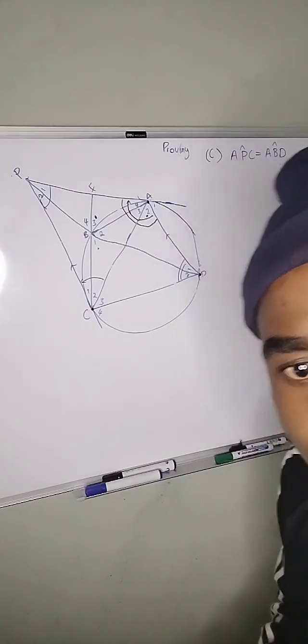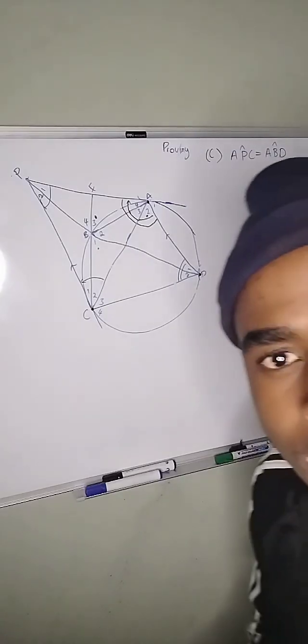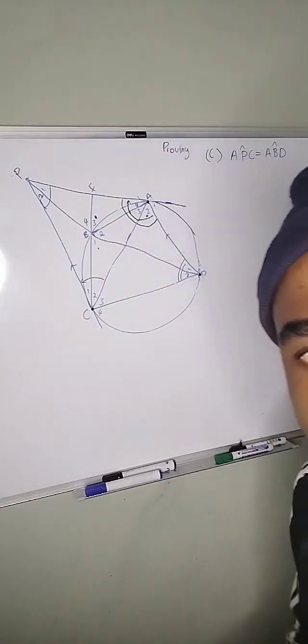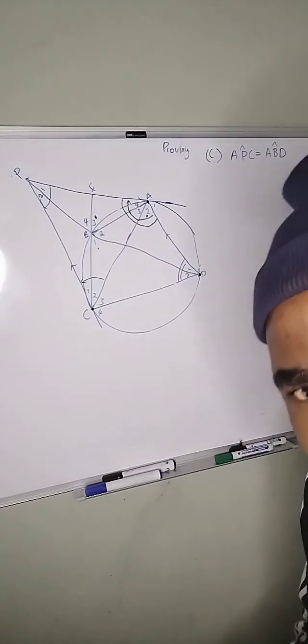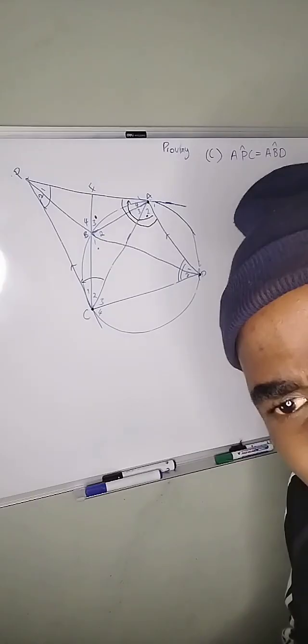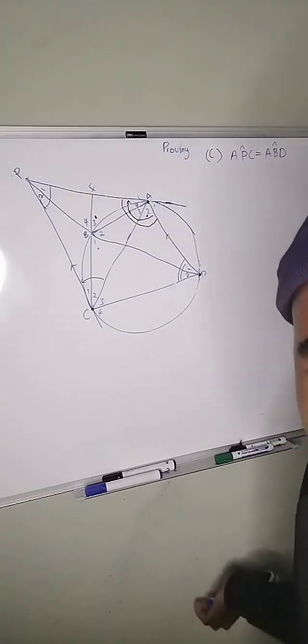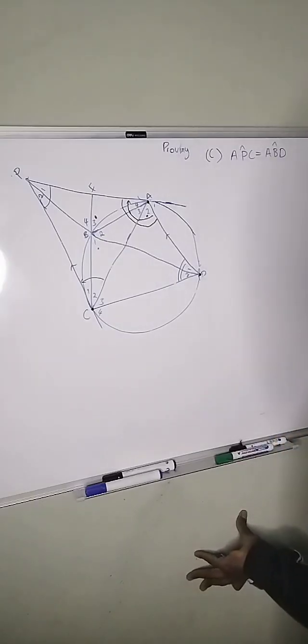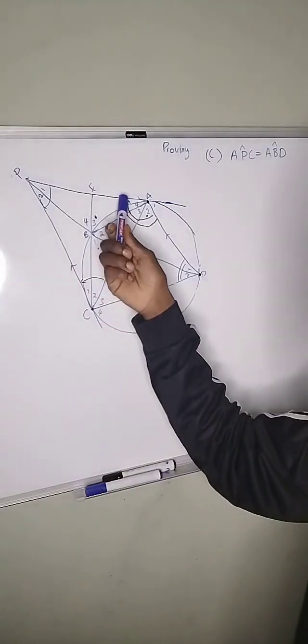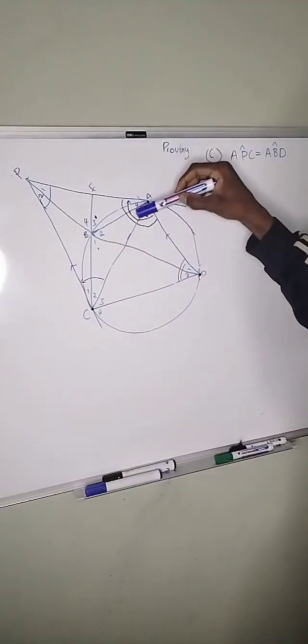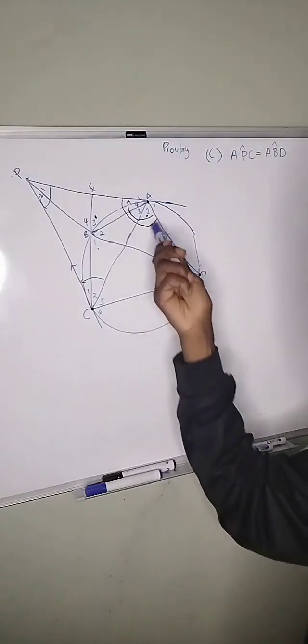You proved that angle P is going to be equal to angle B. I didn't prove that. The angles that I proved are A4 plus A3 is going to be equal to A2.